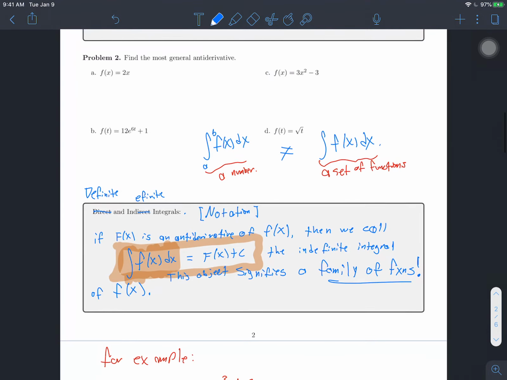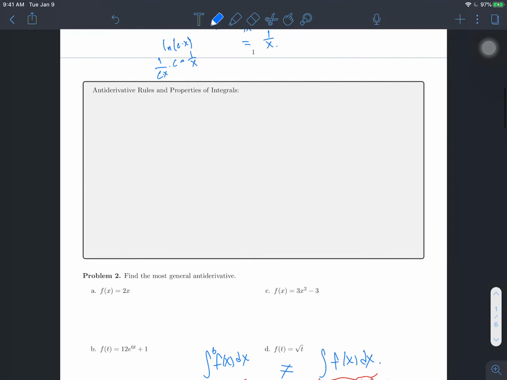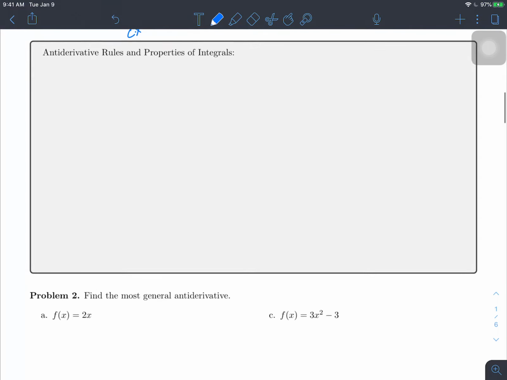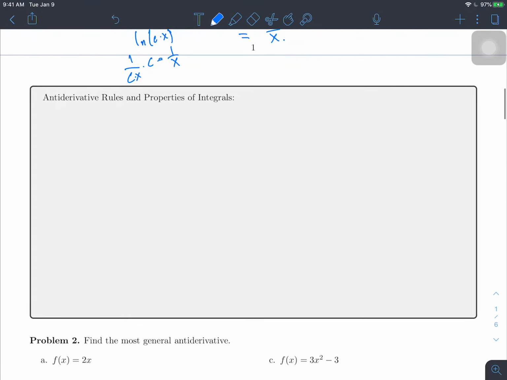All right, so now I'm going to scroll back up and talk about antiderivative rules and properties of integrals. Okay, we'll do properties first. Property 1. The integral of f of x plus g of x dx.